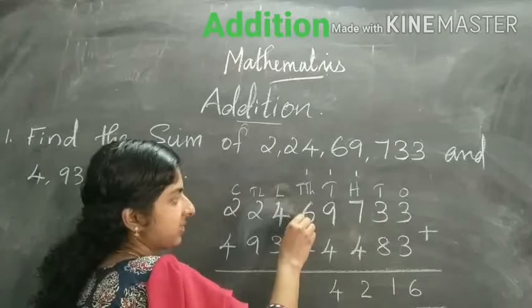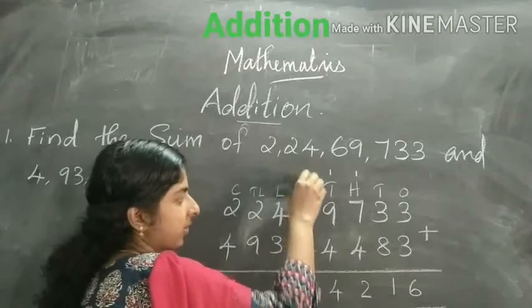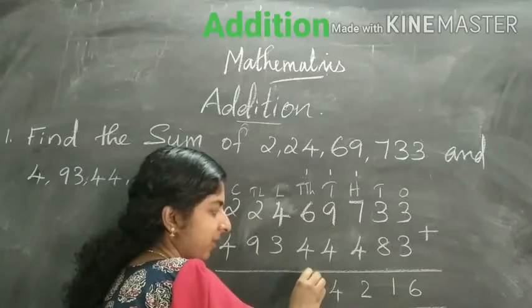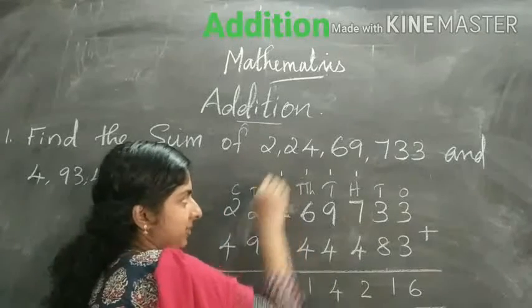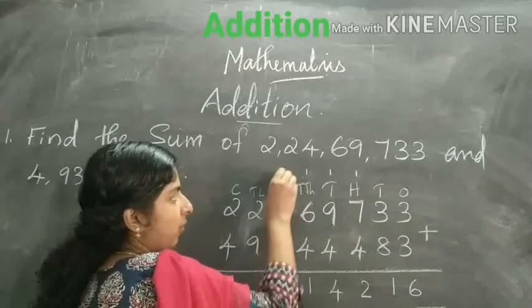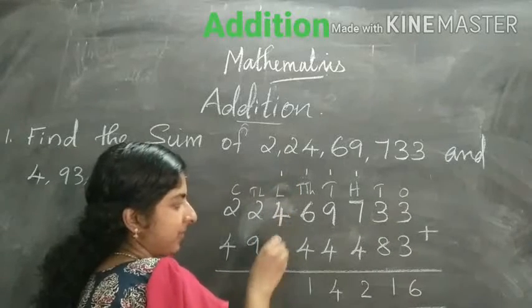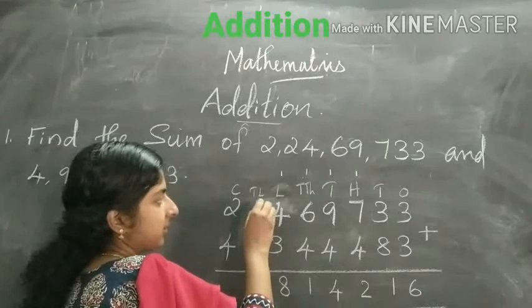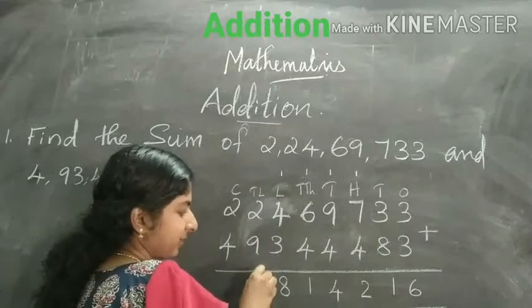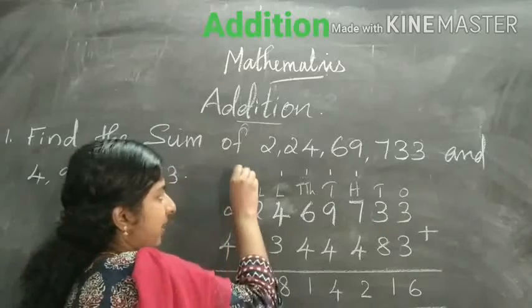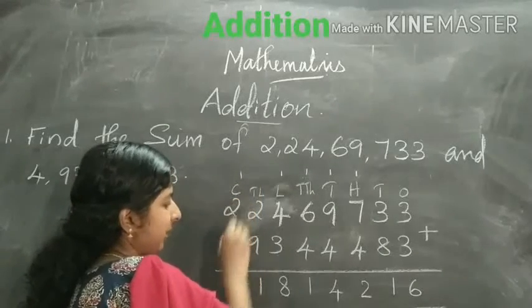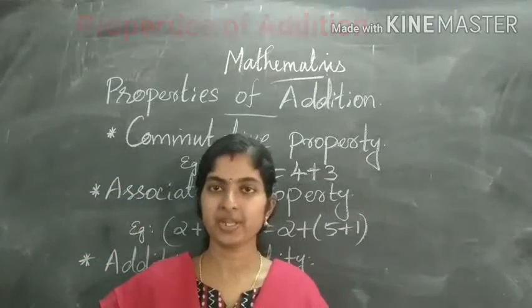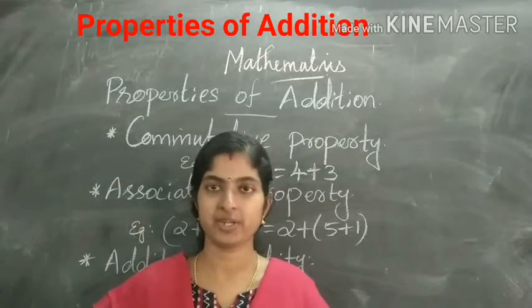Then 6 plus 1, 7. 7 plus 4, 11. 1 is balance. Then 1 plus 4, 5. 5 plus 3, 8. Here 2 plus 9, 11. 1 is balance. 1 plus 2, 3. 3 plus 4, 7.